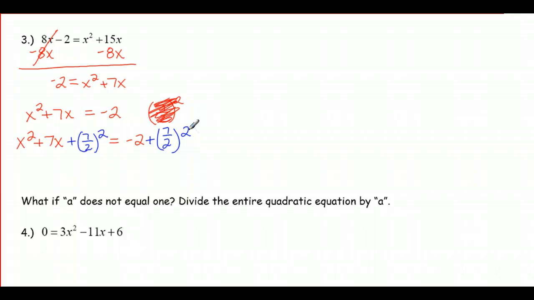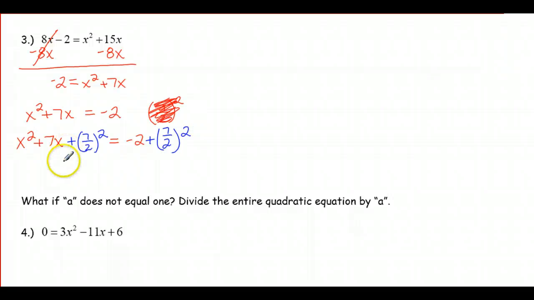All right, once we do that, we need to actually, on the right, calculate what is negative 2 plus 7 over 2 squared. So I'm going to go ahead and type that into my calculator. Negative 2 plus 7 over 2 squared. And I get 41 over 4.